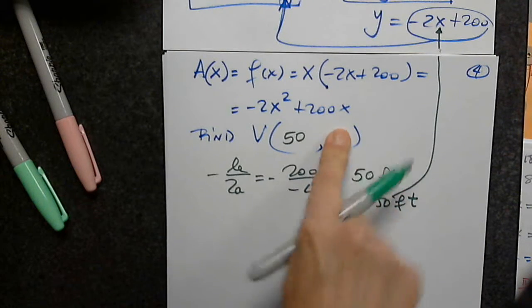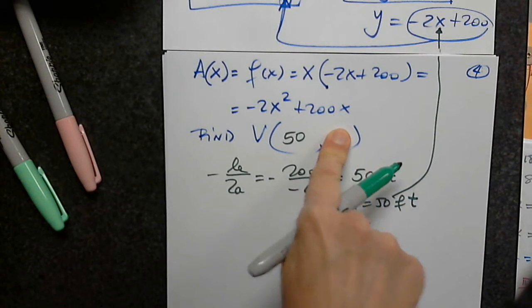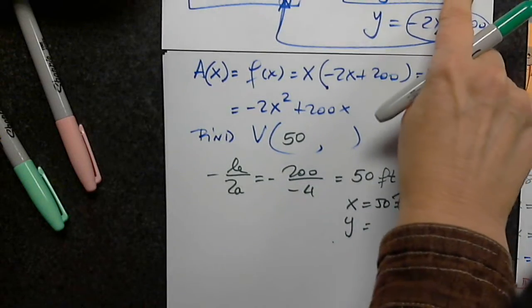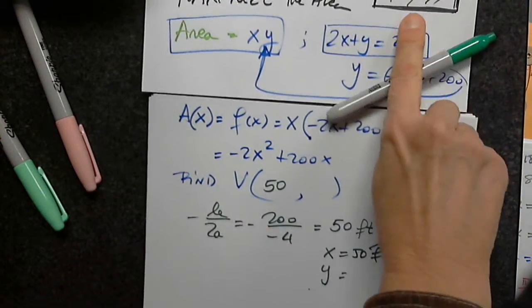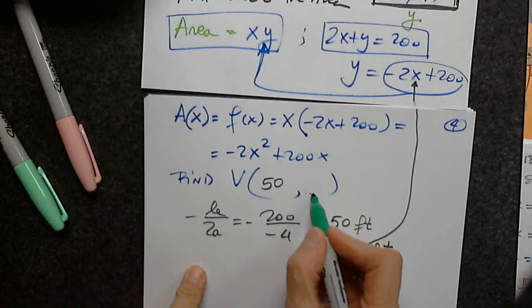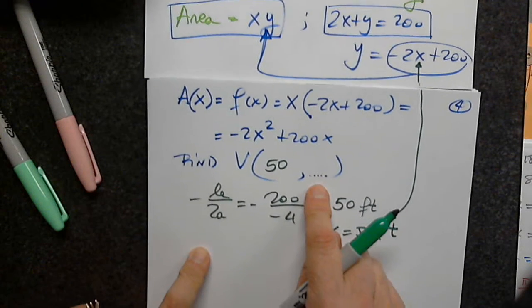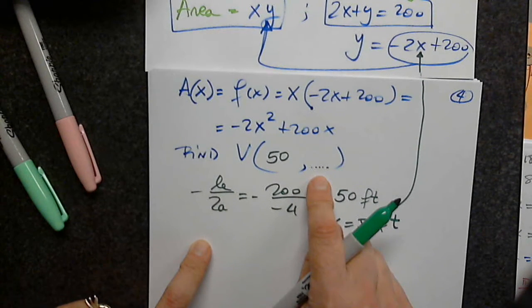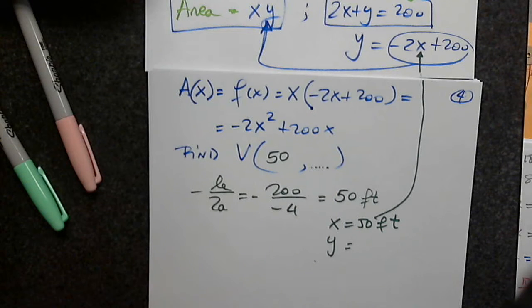But what will this mean? I know that y represents the length, but what will this quantity mean when I find it? The max what? The max?